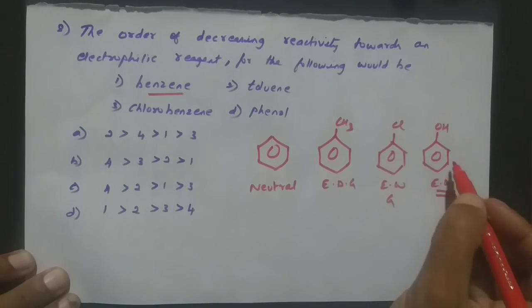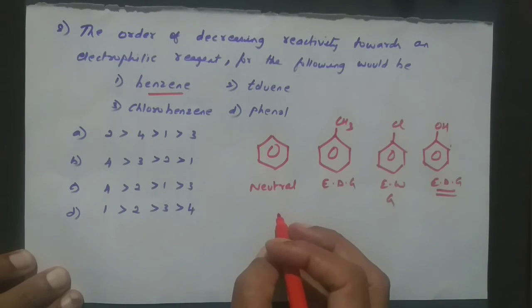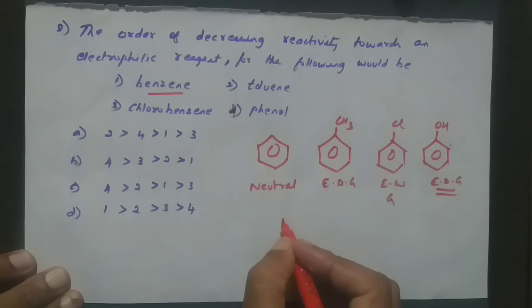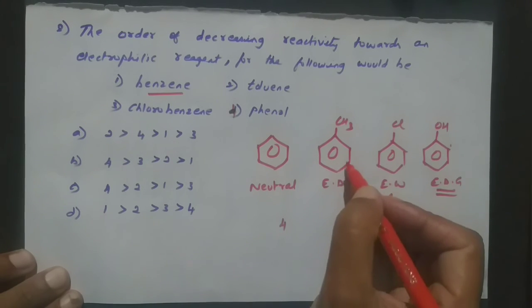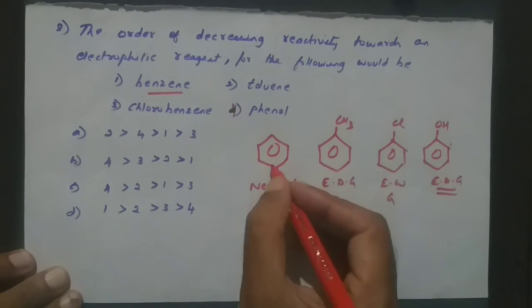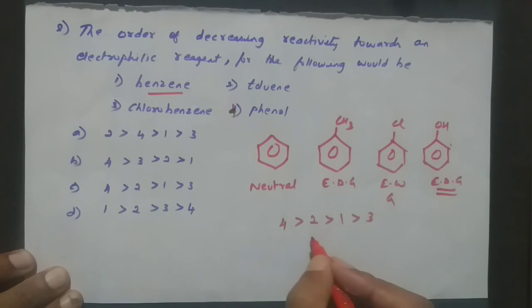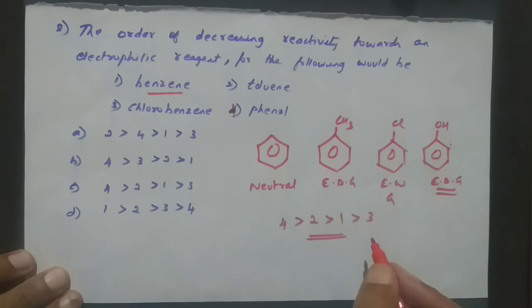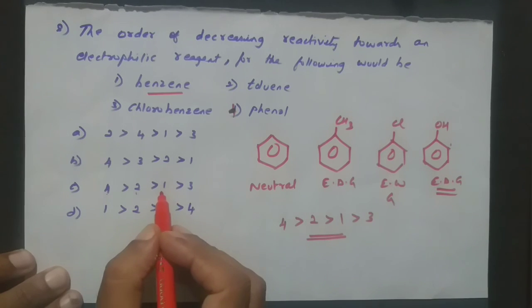The best electron donating group is OH, phenol. So that will be 4. So 4 will be the best, followed by 3, which is an electron withdrawing group. And once again the electron donating group will be in the case of 2. So 4 greater than 2, followed by neutral, which is 1, and this will be 3. So it will be 4 greater than 2, greater than 1 and greater than 3.